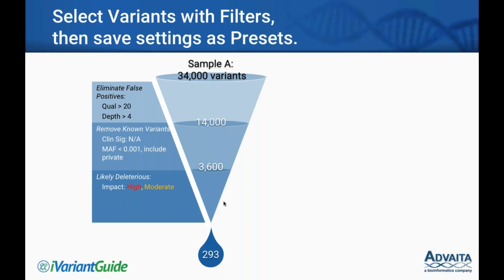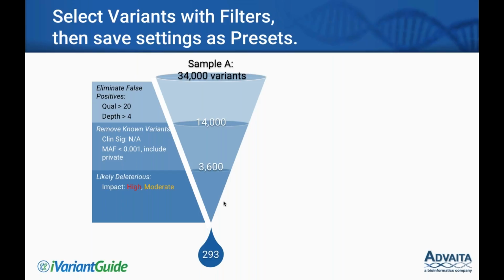So, in addition to our graphical filtering, we offer presets, and I want to just quickly explain the benefit of presets. In this example, I have a sample with 34,000 variants, and I have set 3 different filter combinations. I've set a threshold for quality and minimum read depth. I've also removed any variants that occur in ClinVar and set the minor allele frequency extremely low.